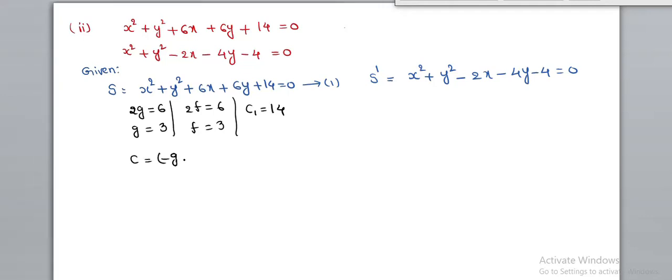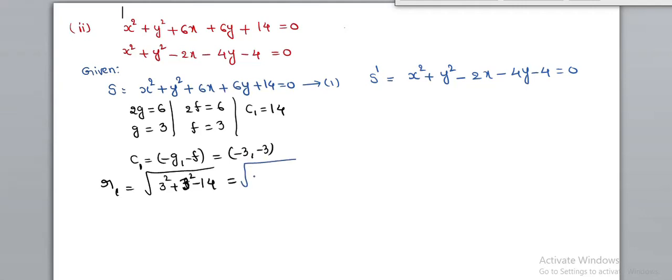Center C1 is equal to minus g comma minus f, that is minus 3 comma minus 3. First radius, square root of g square plus f square minus c: 3 square plus 3 square minus 14 is 9 plus 9 minus 14, 18 minus 14, root 4, root 4 value 2. So R1 value 2.